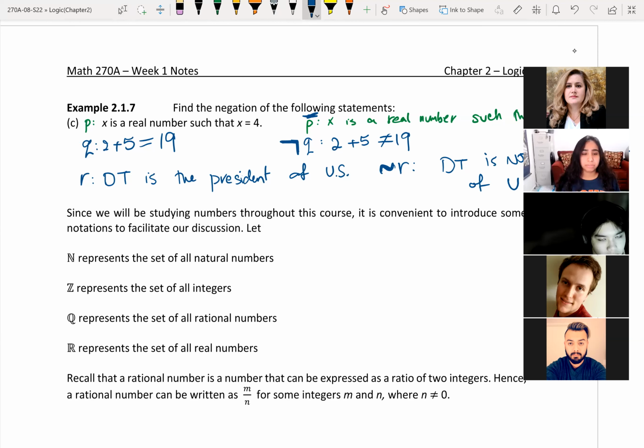So it would be like P and then a colon, and for the first example you say X is a real number such that, and then X exclamation point equal sign 4. The way Kyle put his syntax in the chat, that's how it would look.